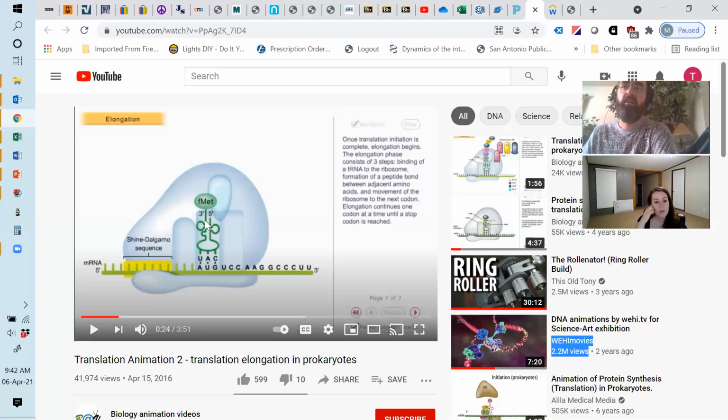And the tRNA with methionine in both prokaryotes and eukaryotes is assembled in the P site, right? And this tear-shaped blob up here is the peptidyl transferase, right? And that's why it's in that particular place.